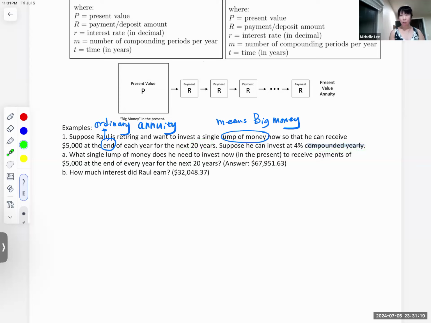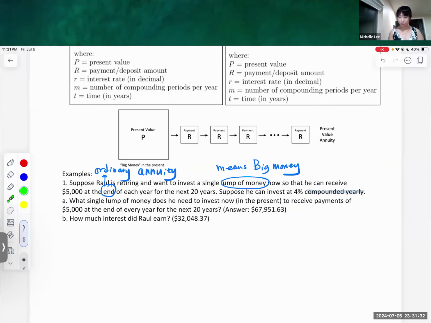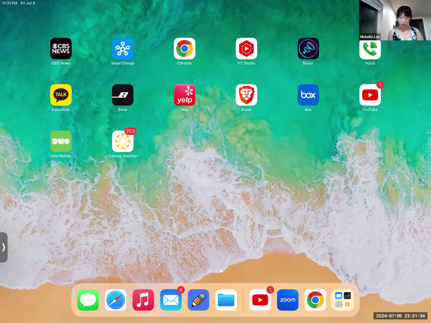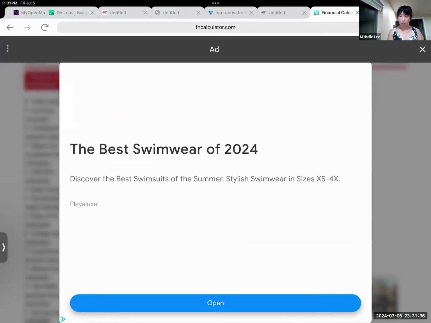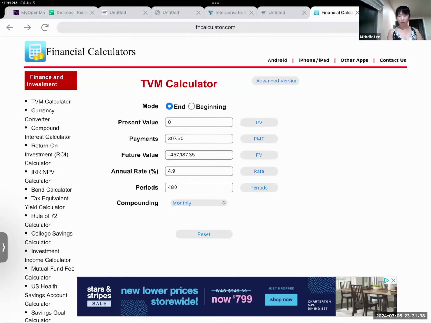Now the question is the present value, so we click the present value. The N is the same, so we keep the N and present value.